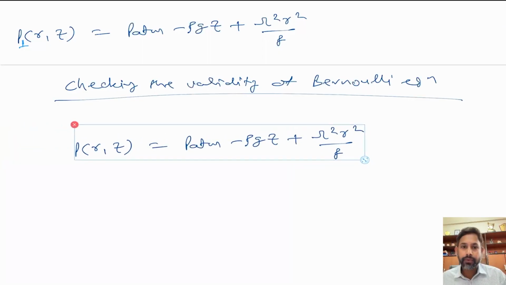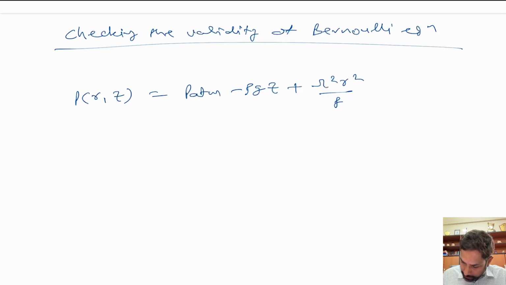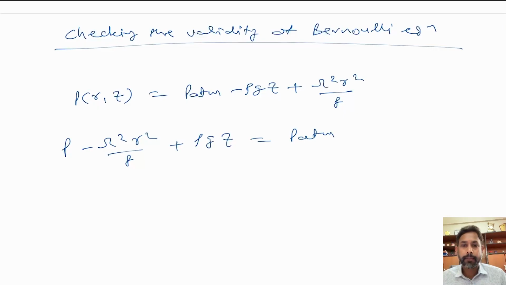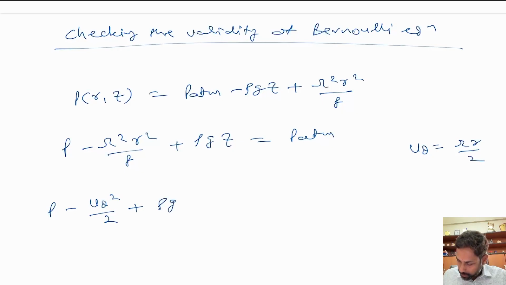So this is the equation we have got, and if you want to write this in the form of the Bernoulli equation, what we can do is we write this as minus omega square r square by 8 plus rho g z is equal to P atmospheric, right? And we know that u theta is equal to omega r over 2. So that will make this equation u theta square over 2 plus rho g z is equal to P atmospheric.